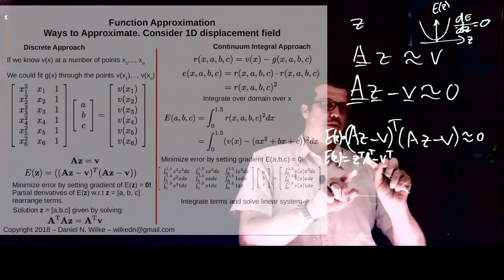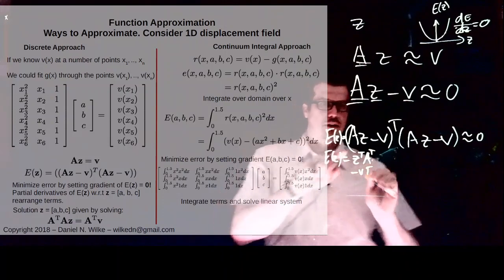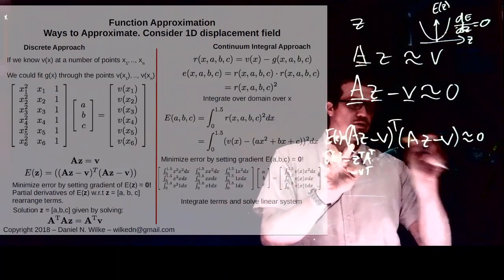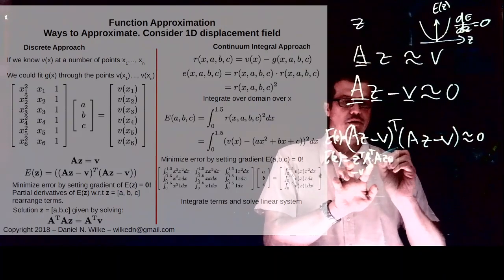So this is going to have to multiply with this now. What I'm going to do is write this minus V transpose at the bottom here, and take this transpose term and multiply it with each of these terms. This gives me Z transpose A transpose times AZ.